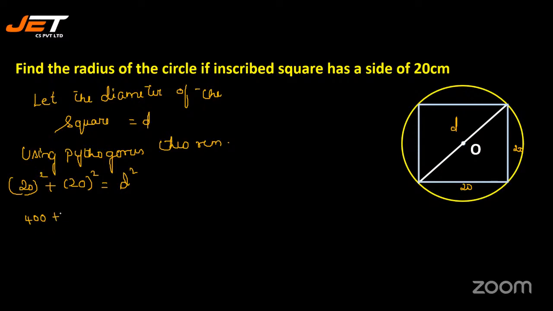So 400 plus 400 is equal to D square. So D square is 800. D is equal to root of 800.